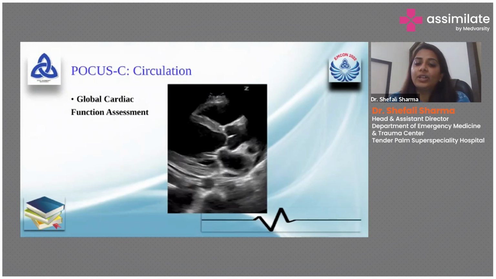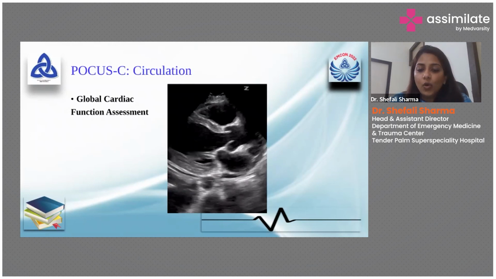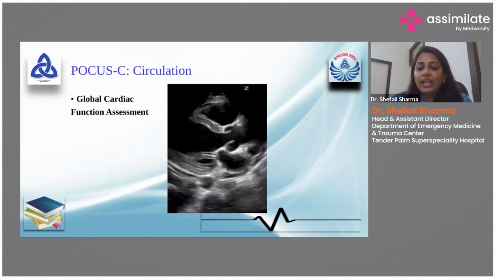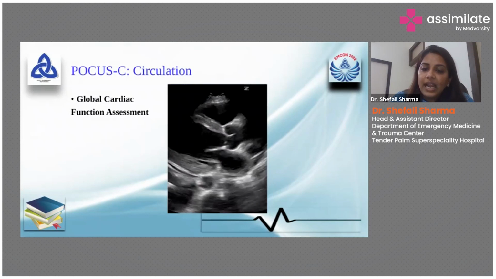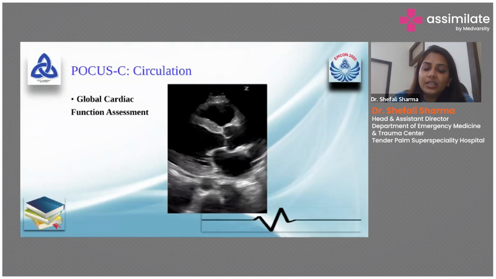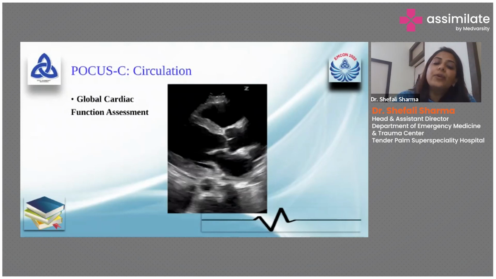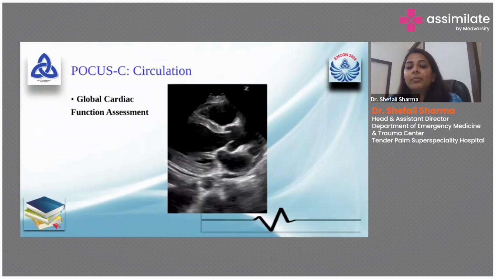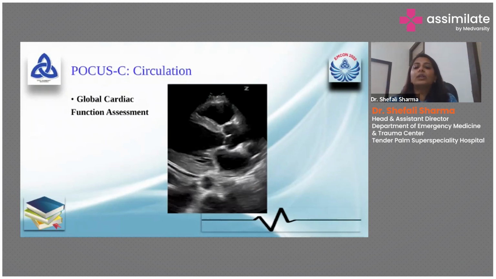You can see the aortic wall, and then the lowermost chamber is your left atrium. The left atrium opens into the left ventricle, and you can see the mitral wall, and then it goes into the aorta with the aortic wall, and on the upper side you can see the right ventricle. When you take a cross section at the level of the mitral wall and do the measurement, you will be able to calculate the EF.